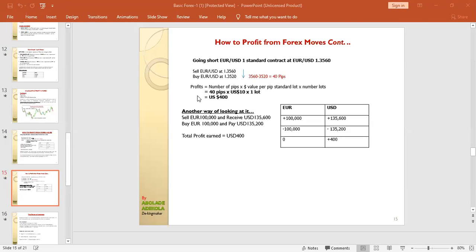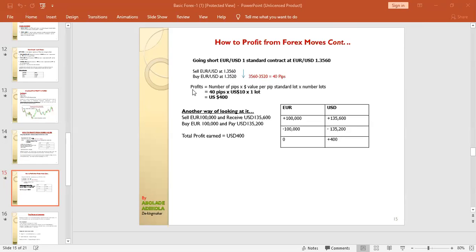Remember, this is the pip. This 40 right here is the pip, which is the difference between these two. Because you sold at 3560 and closed your profit at 3520. So if you take this one away from this, it's going to give you 40 pips.